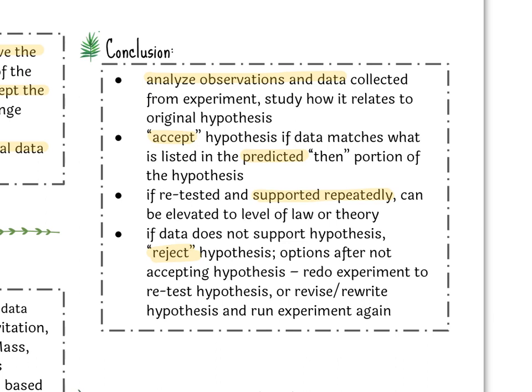There are multiple options you can take if you reject your hypothesis. You're not going to give up science forever. The options are: you could redo the experiment to retest your hypothesis, see if you did something wrong or if you get the same results again, and then you truly know, okay, my hypothesis wasn't proven.